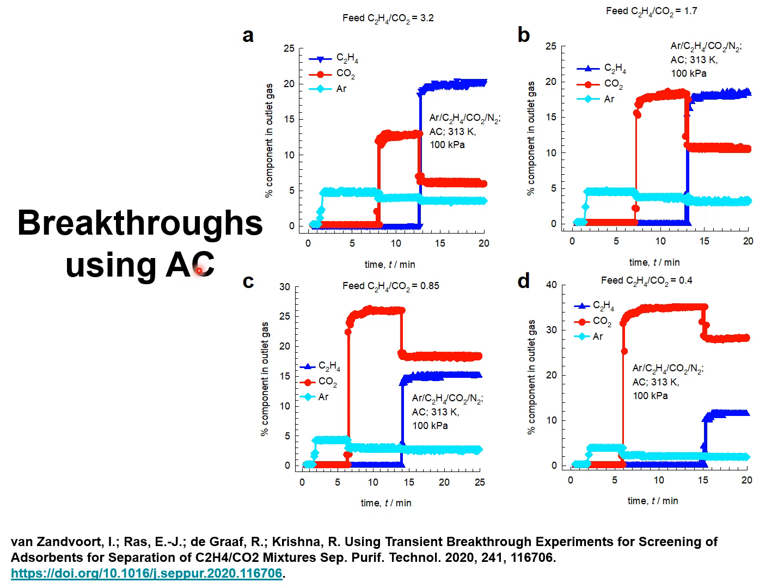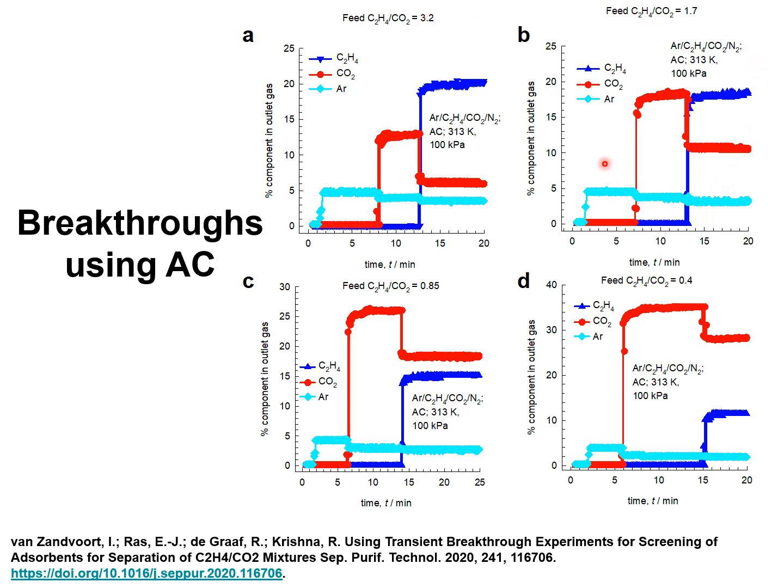Using activated carbon as adsorbent, 4 different breakthrough experiments were conducted, and these are reported in this paper cited here. These 4 experiments are with varying proportions of ethene and CO2 in the feed mixture. This is a feed mixture that is richer in ethene, and the ratio of ethene to CO2 in the feed mixture is 3.2.